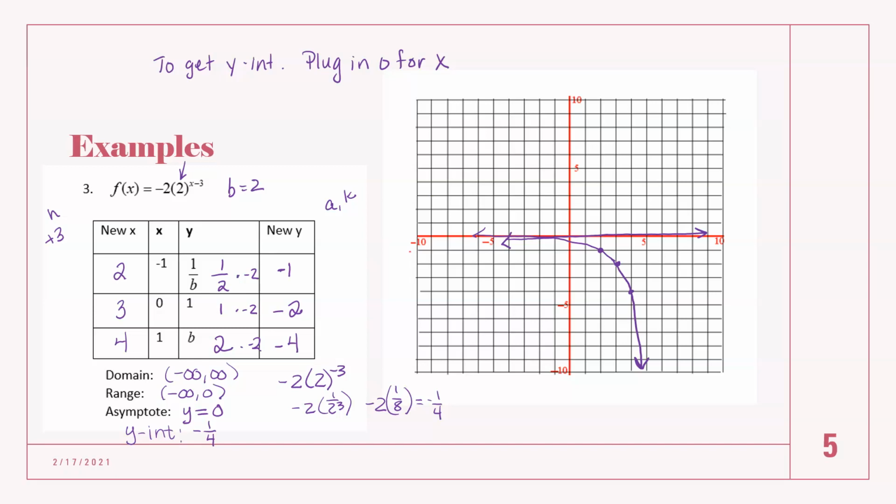And what else did I say we need? Transformations. I'm going to add that. So that negative sign is a reflection over the x-axis. The 2 gives us a stretch.